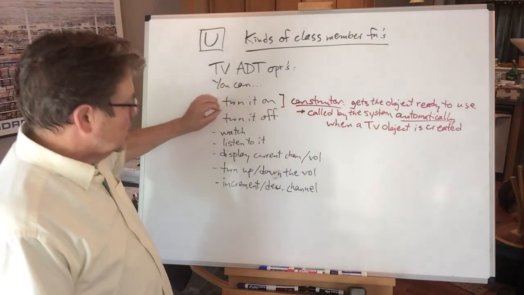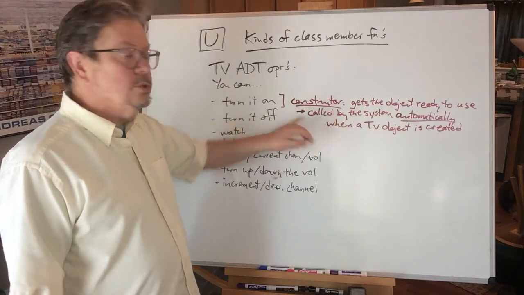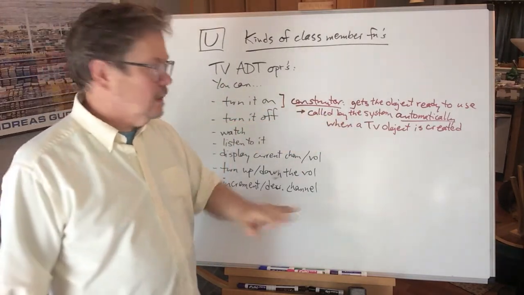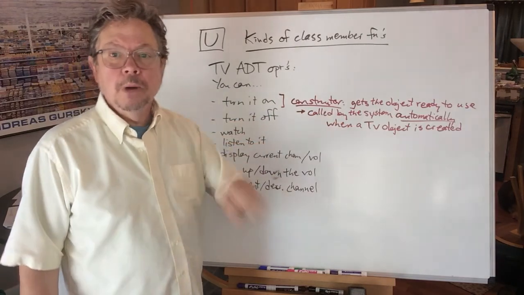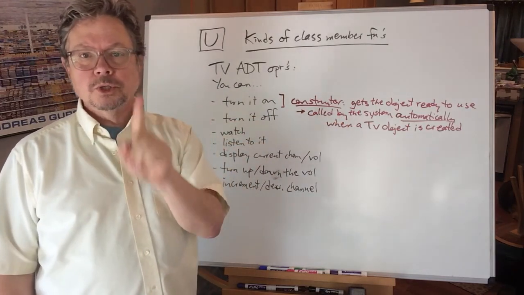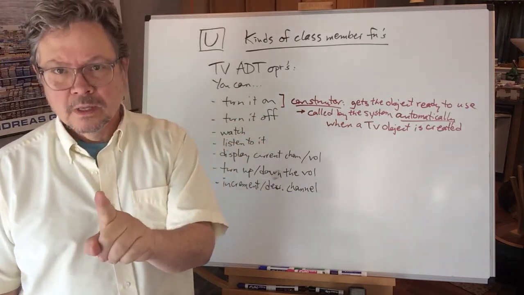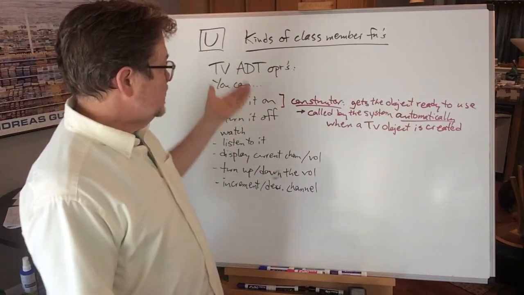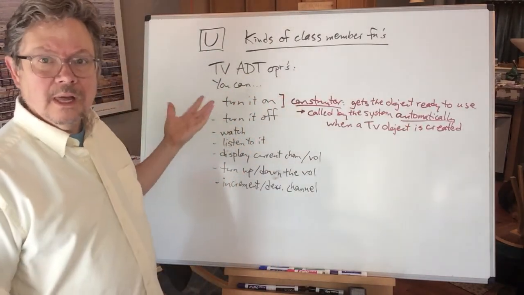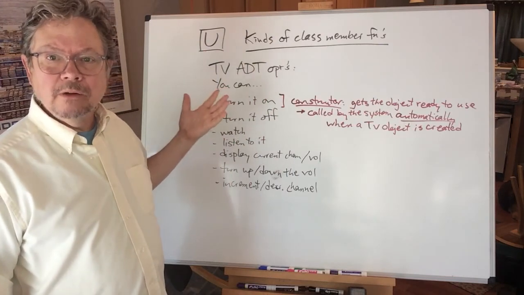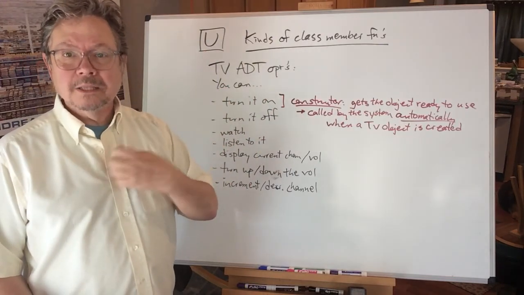The constructor gets the object ready to use and is called by the system automatically. I don't have room to squeeze it in up here, but you never call the constructor yourself. Here's what happens. This is going to be the TV class, and the TV objects that we make from that class, that is our homemade data type.